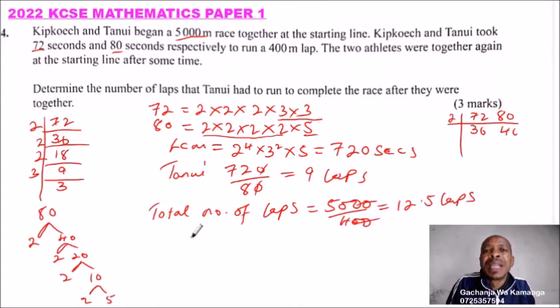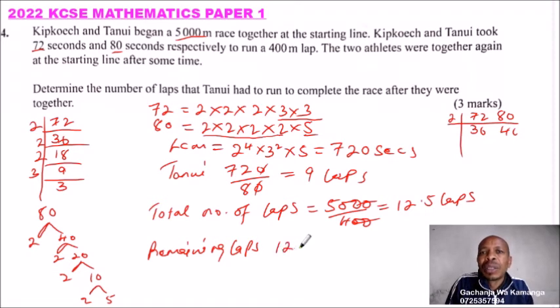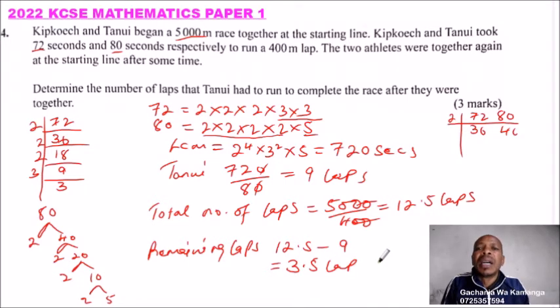So this means that the remaining laps that Tanui had to run is the total number of laps minus the 9 which he had covered, and that will give you 3.5 laps, or 3.5. That should be okay.